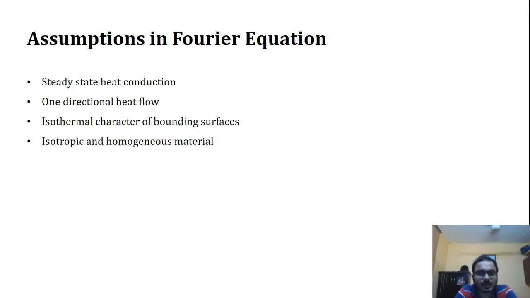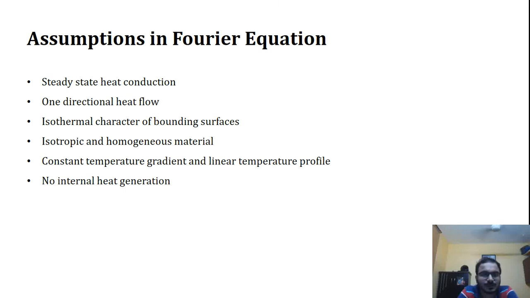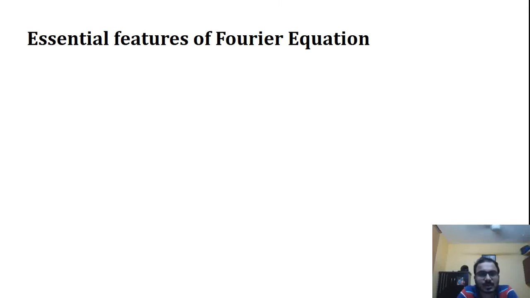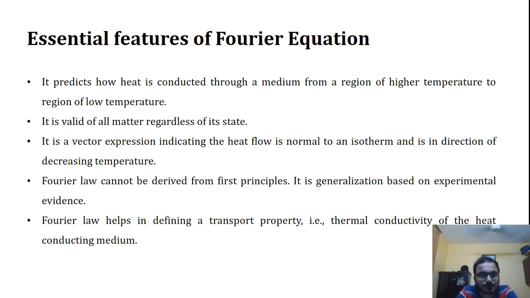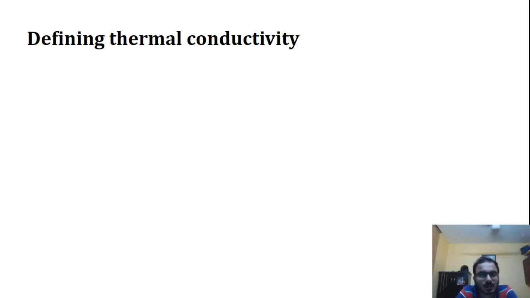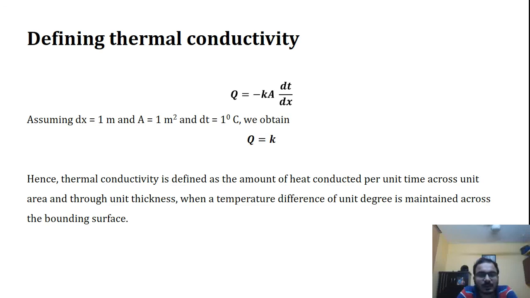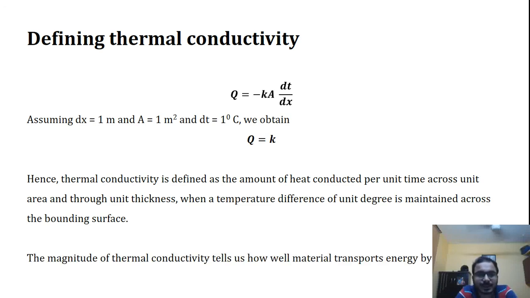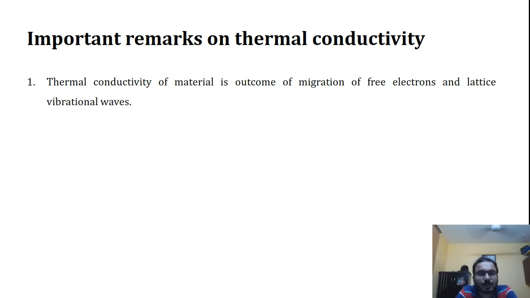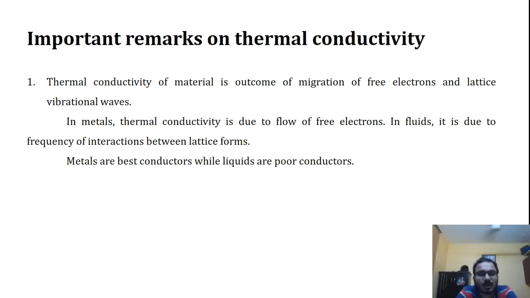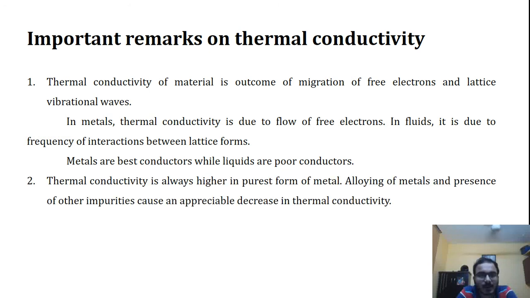We also saw the assumptions which we made in Fourier's equation, some essential features of Fourier equation, defining thermal conductivity. So based on Fourier equation, we have defined the value of thermal conductivity by taking few terms as unity. Then the important remarks on thermal conductivity, that how on which factors thermal conductivity depends.